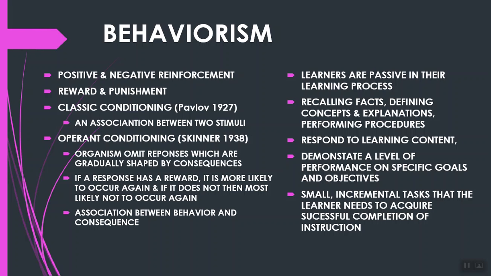But if they hit the lever and nothing happened, they probably wouldn't hit it again because it wasn't positive to the rat in some way. So the association is between the behavior and the consequence.